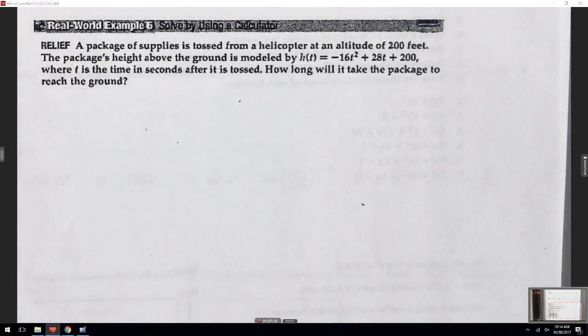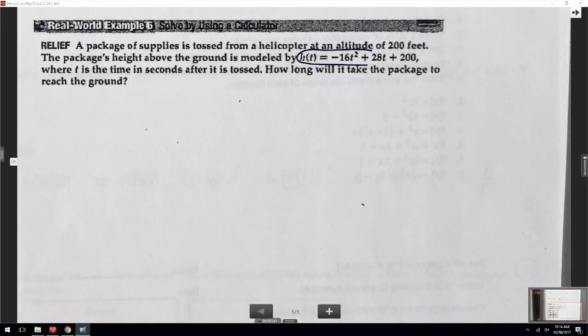All right, everybody ready? Got your calculators ready to go? Here we go. Where do we go to plug in the function that they give us? First of all, what is our function? H(t) equals -16t squared, and then what?